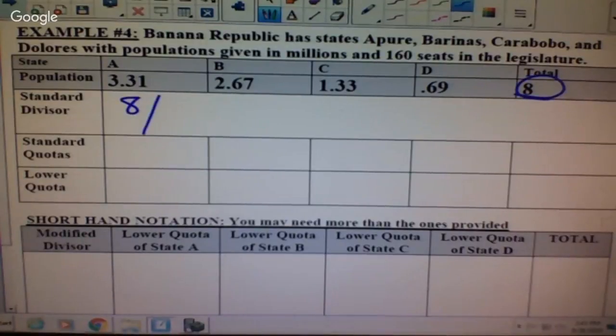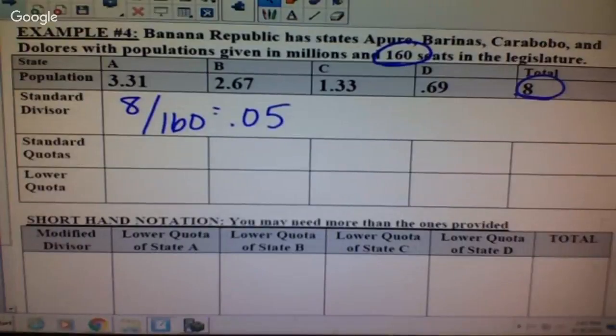Divided by 160, my amount of seats. So where does that start me with a standard divisor? 0.05. Okay.